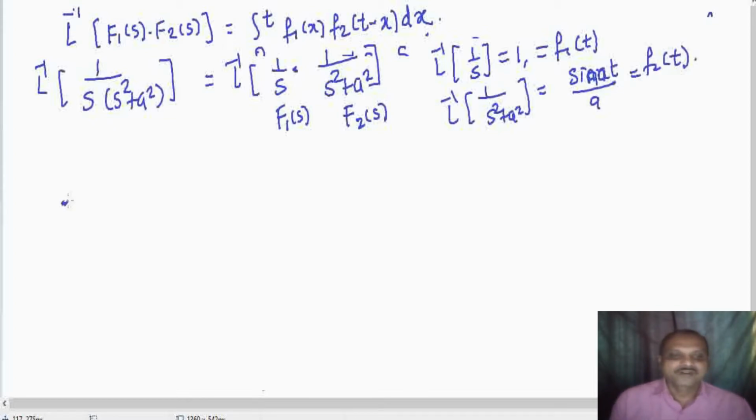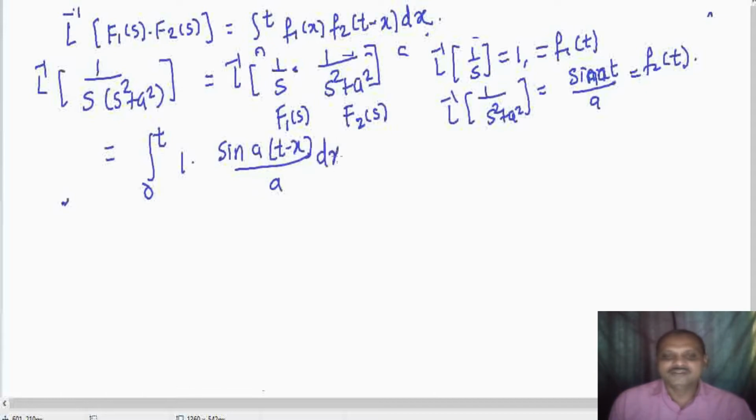Then this is equal to, apply the integration 0 to t, first function is 1, second function sine of A into t minus x divided by A, dx.